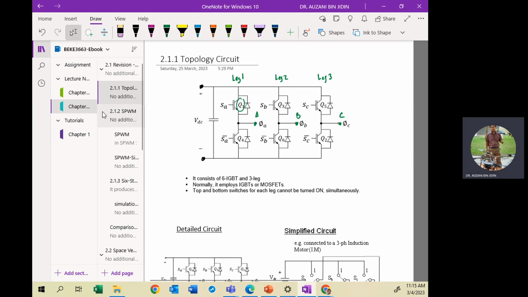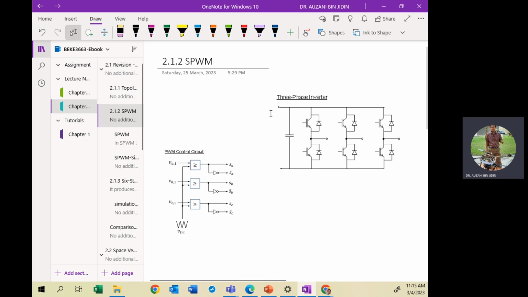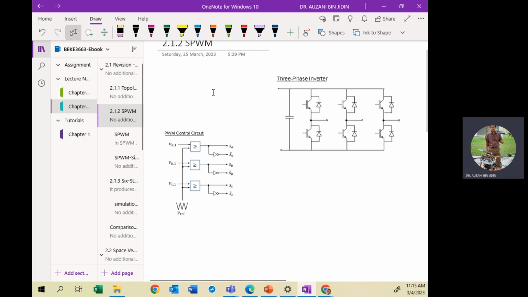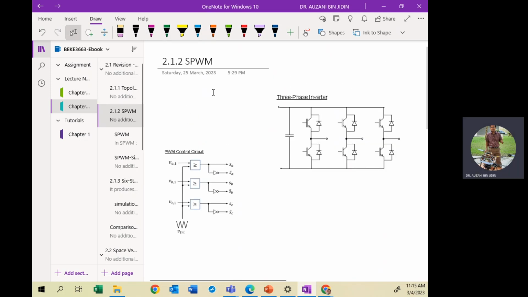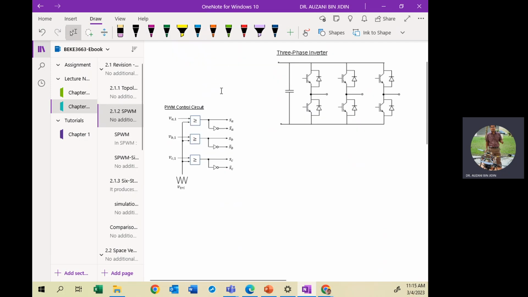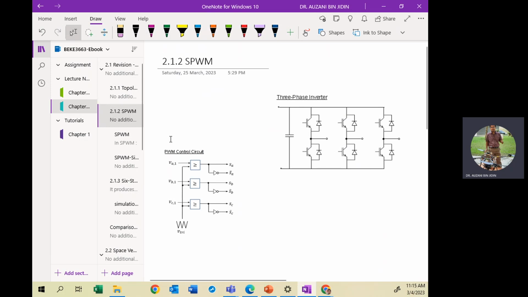Okay, then SPWM. So we do revision for the first technique, sinusoidal pulse width modulation, SPWM. In order to produce the output signal, the AC waveform, you must develop or design the PWM control circuit.